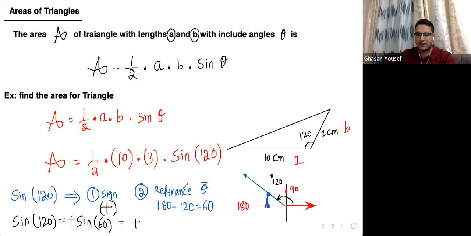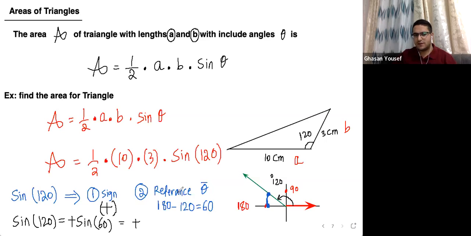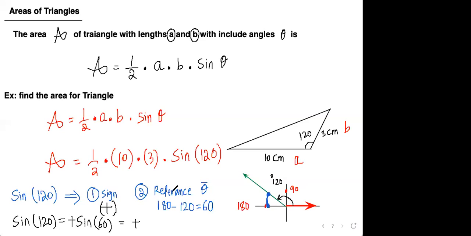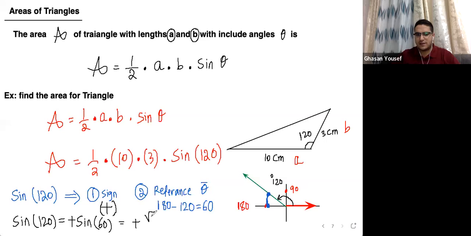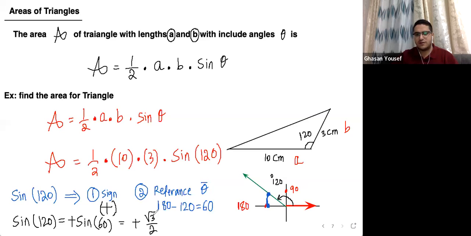Square root of 2 divided by 2. What's the sine of 60? Is it 1/2? Wait, no. I say it's square root of 3 divided by 2. Yes, exactly. Square root of 3 over 2. Correct. So the sine of 120 is positive square root of 3 over 2.